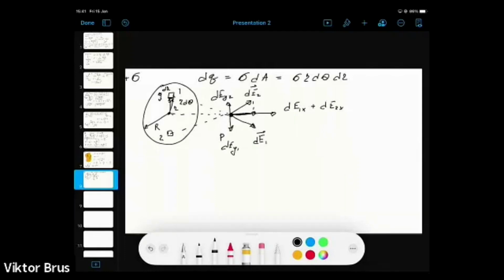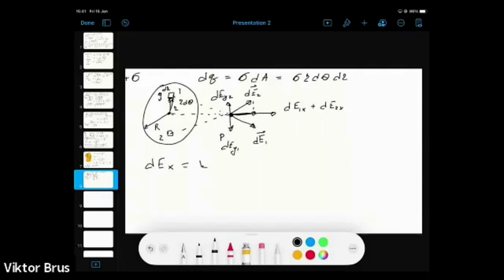So for this purpose, we can do these calculations. Let's see what dEx of this first element will be, just one random element.